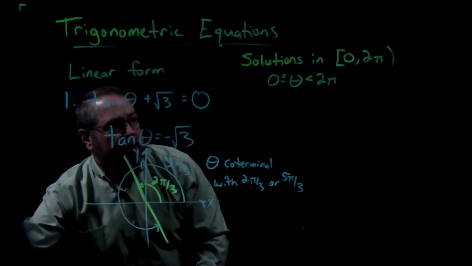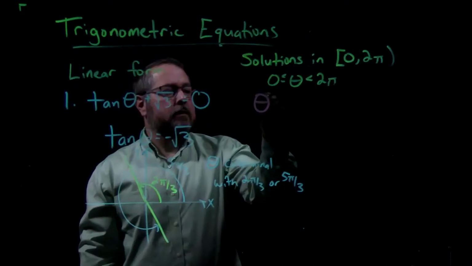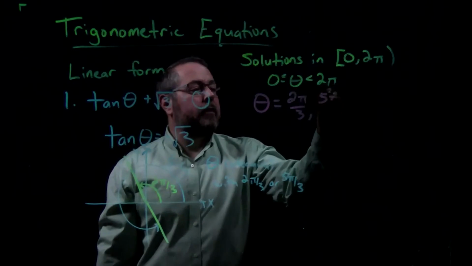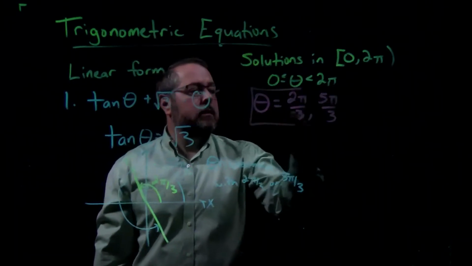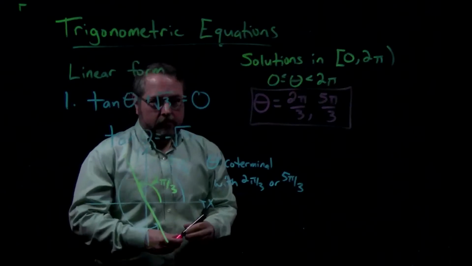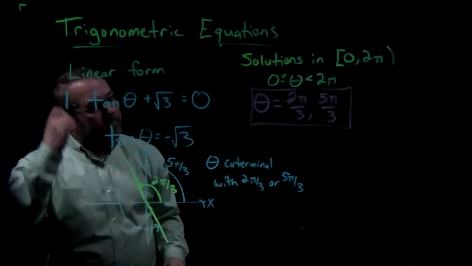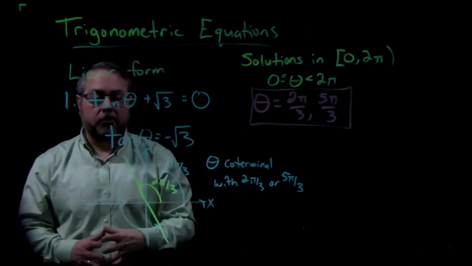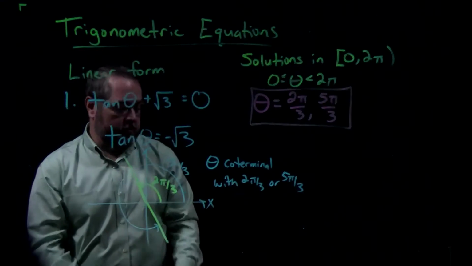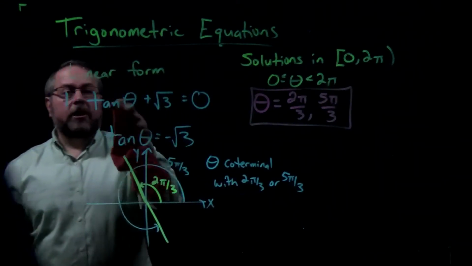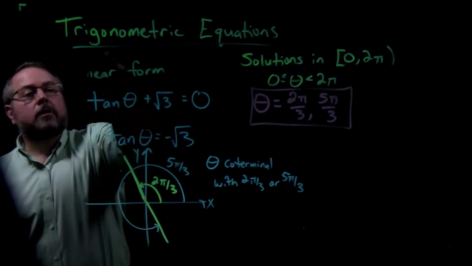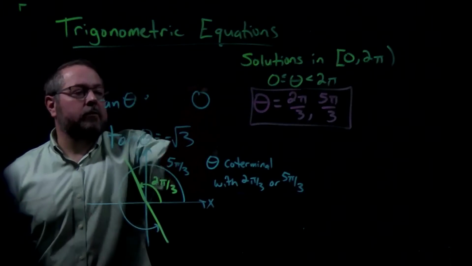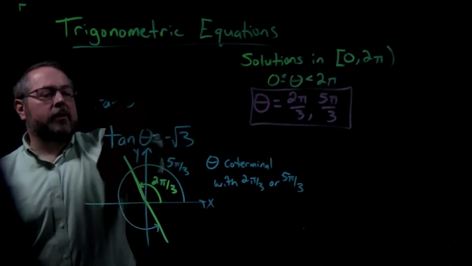And in this case, our solutions would be theta equals 2 pi over 3 and 5 pi over 3. Since those are the two angles between 0 and 2 pi which make this equation true. Okay, and generally, whenever I'm giving you problems on Canvas quizzes and exams, I will just ask for solutions between 0 and 2 pi, because that's a little less complicated.